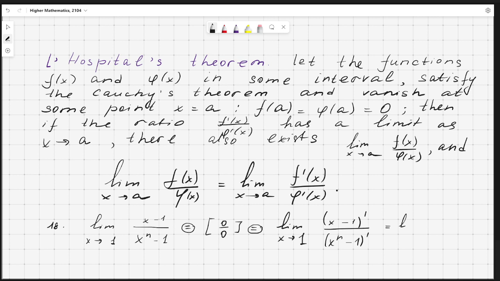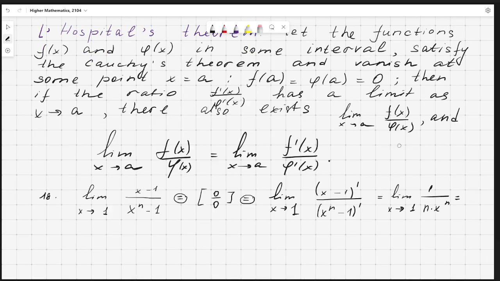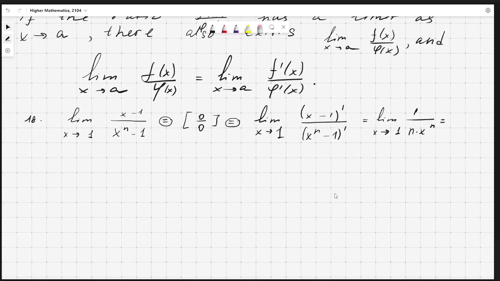Find limit as x approaches 1. X prime minus 1 prime is 1. In denominator we have n times x to the power of n minus 1, or 1 over n times 1 to the power of n minus 1, or 1 over n.